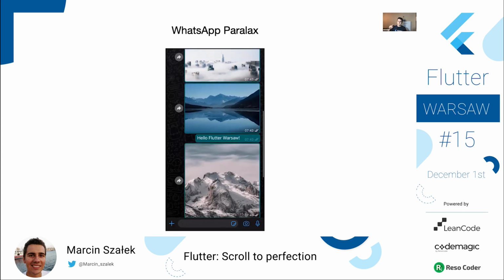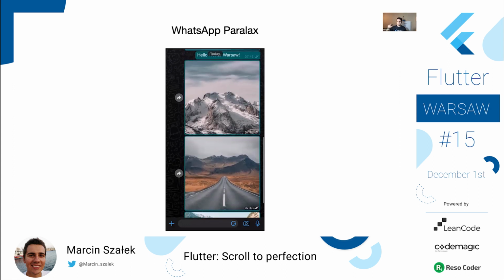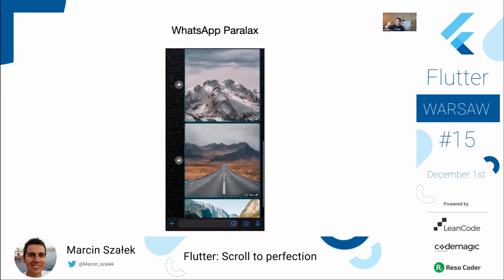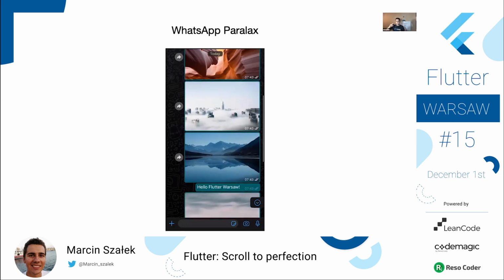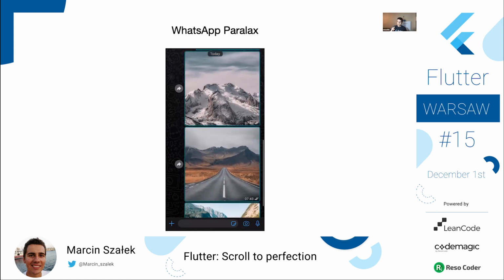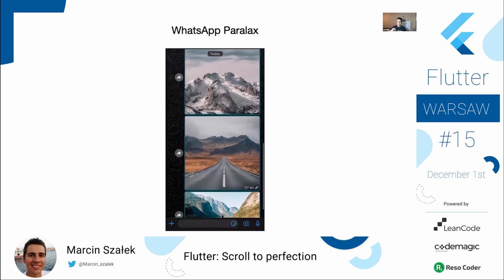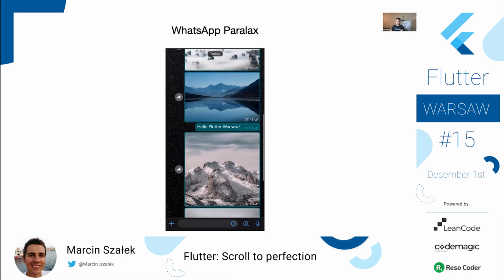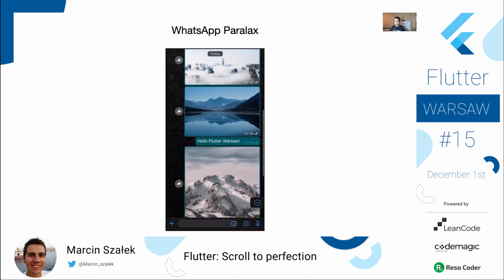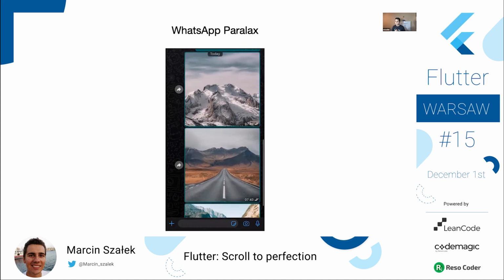But if you look closely at the images there, mostly the lake image and the mountain image, you can see that they tend to move a bit while the user scrolls. I think that is a really cool effect, and since it's super easy to implement, I want to show you how to do it.